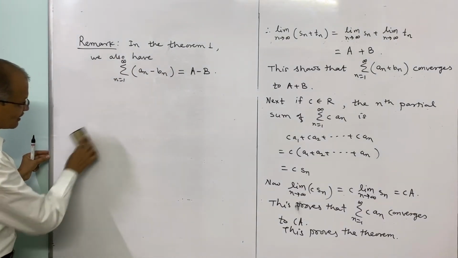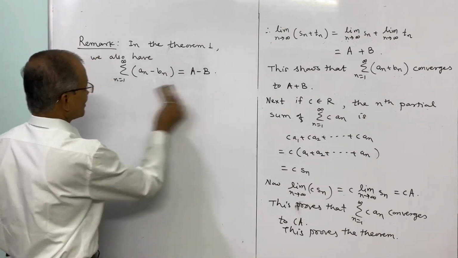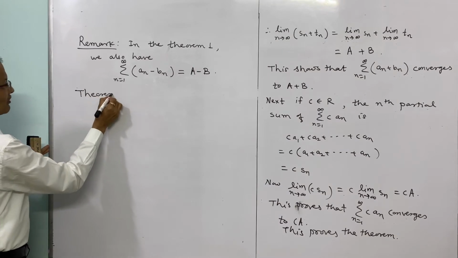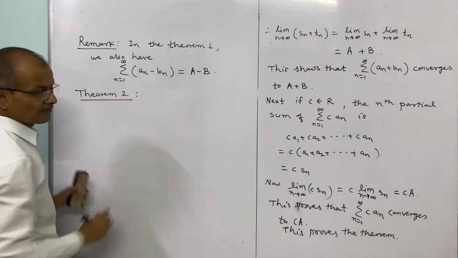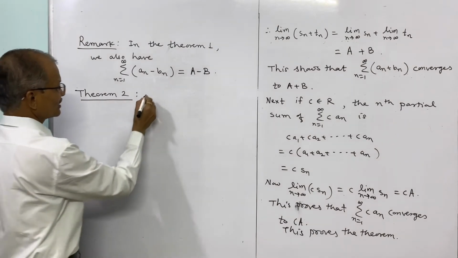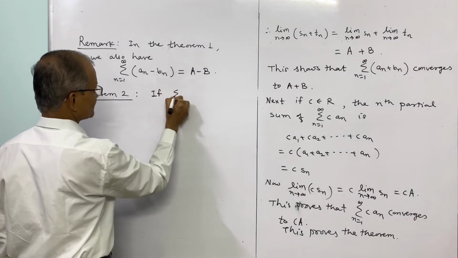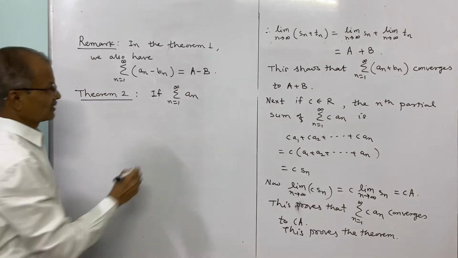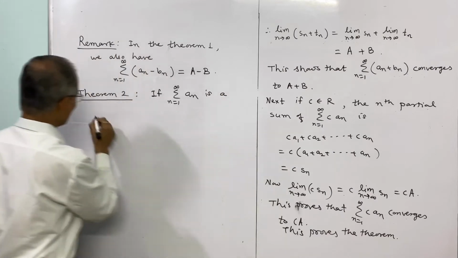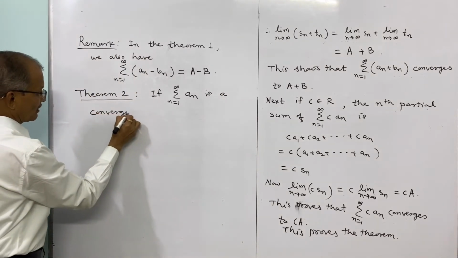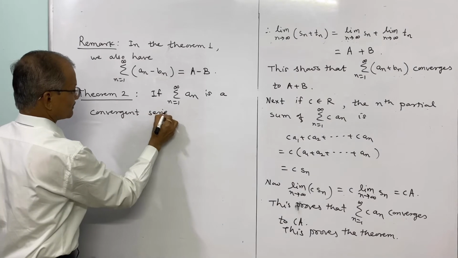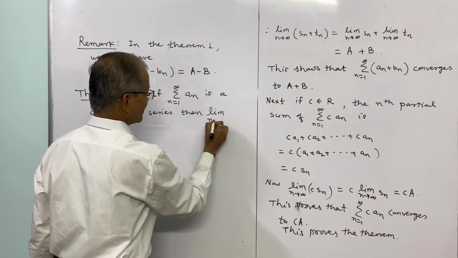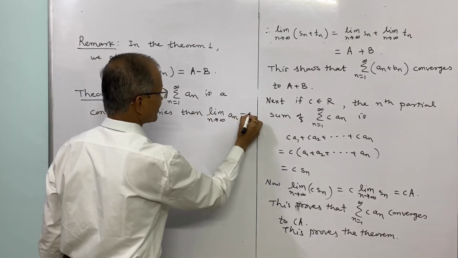Now we shall consider the second theorem. Theorem number 2 is for convergent series again. If sigma An is a convergent series, then the limit of An as n tends to infinity is equal to 0.